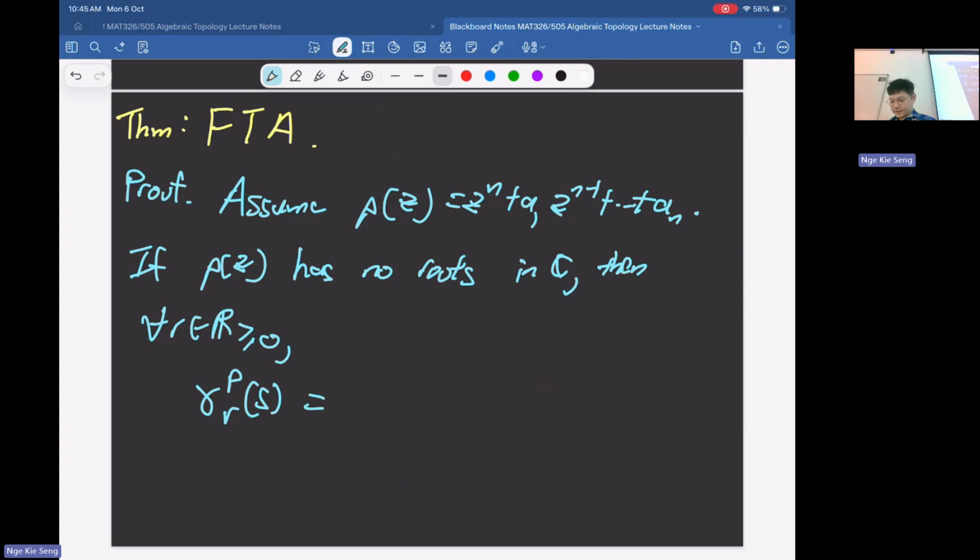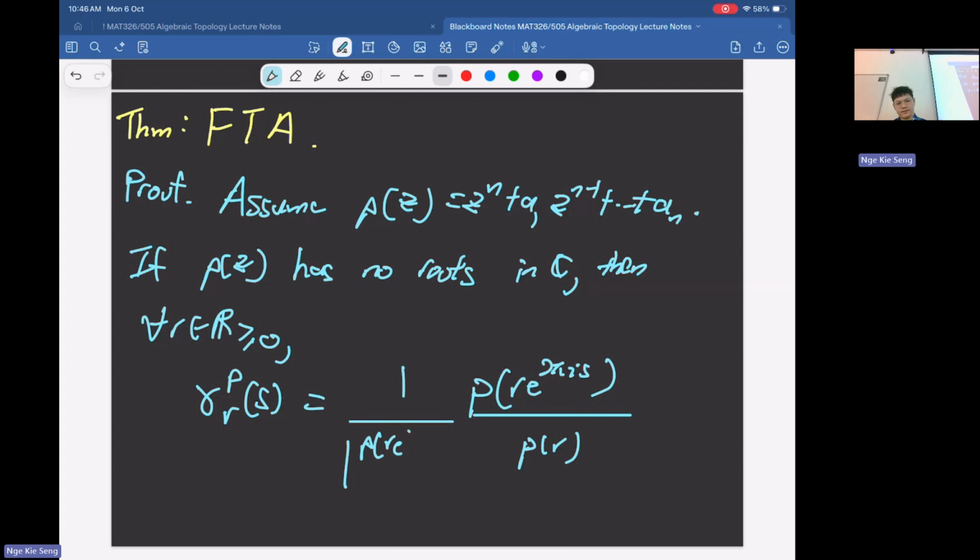So what we're going to do here is P of R e to the 2 pi i s, so it's like changing coordinates, over the length of P(R). You might wonder why I need to divide by that; later it will be more apparent. It's to make sure this actually constitutes a loop, so we divide by the length so that this is a loop inside S1.